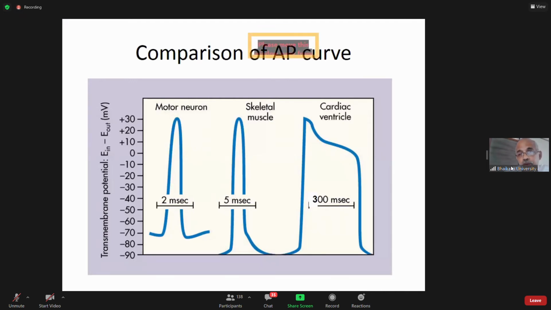Similarly, if you look into your books, you'll find the action potential within cardiac muscle itself is different. The action potential of the SA node is a little different compared to Purkinje fibers and the AV junction. The action potential of atrial musculature is different compared to ventricular musculature.